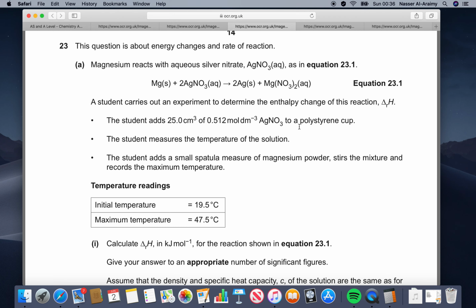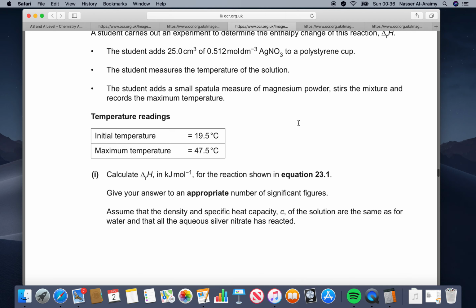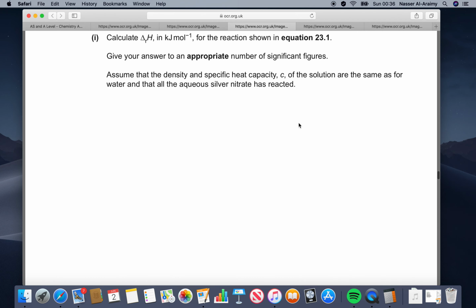Look at this. Energy changes and rate of reaction.